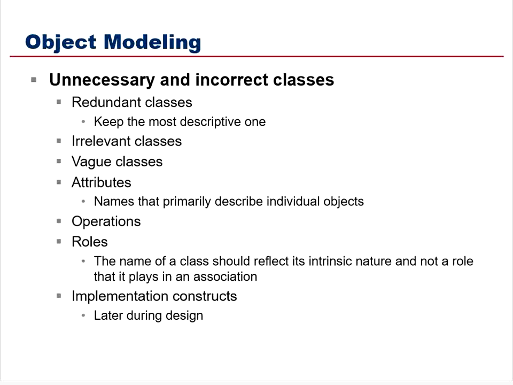Now from this we also have to identify which are the unnecessary and incorrect classes. How can we identify these? We have to check whether a particular class is redundant, or irrelevant, or a vague class, that is uncertain or doesn't denote or specify any clear character. Some may be attributes, some may be operations, and some classes denote a role or an implementation construct.